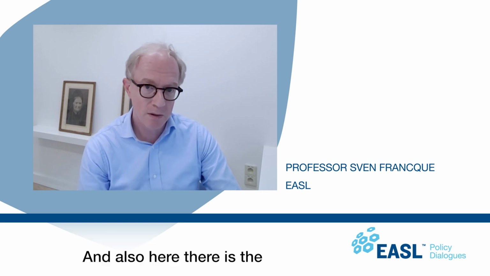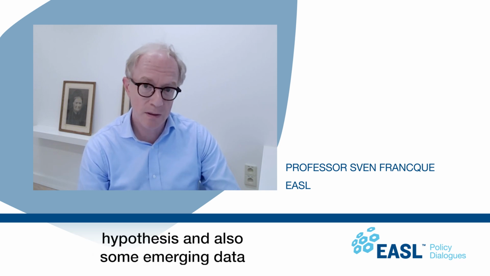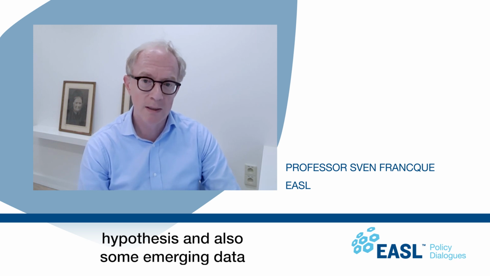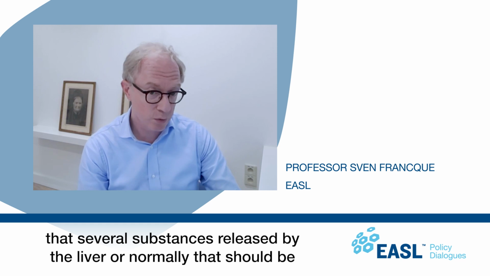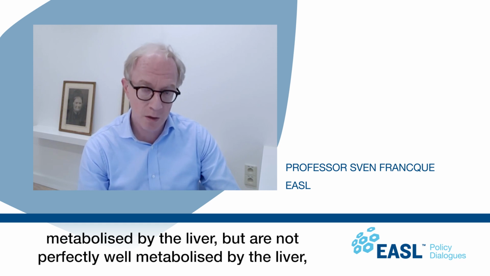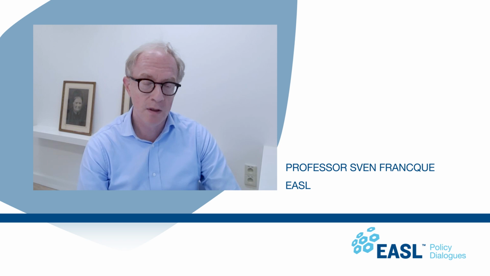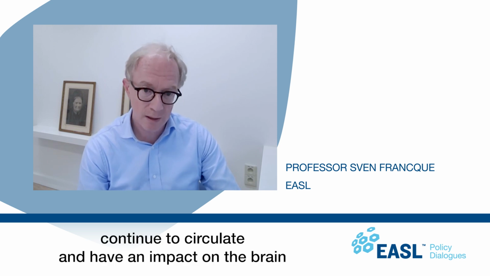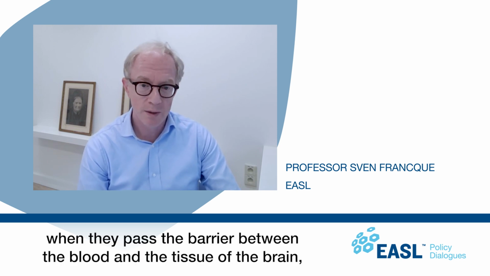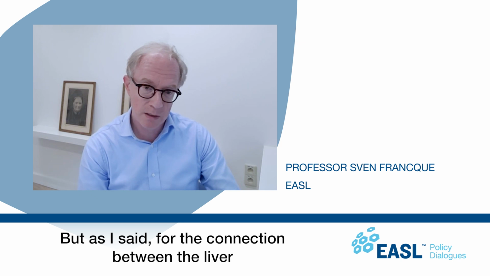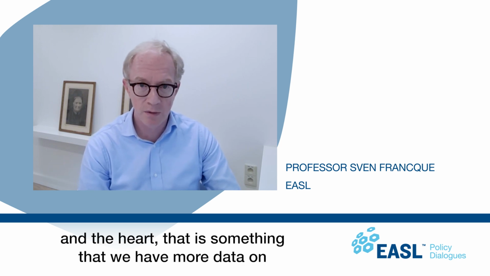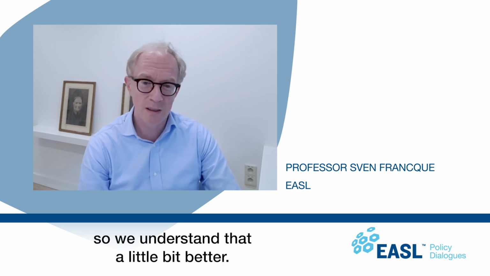And also here there is the hypothesis and also some emerging data that several substances released by the liver, or that should normally be metabolized by the liver but are not perfectly metabolized, continue to circulate and have an impact on the brain when they pass the barrier between the blood and the tissue of the brain. So that impact is there. But as I said, for the connection between the liver and the heart, we have more data on that, so we understand it a little bit better.